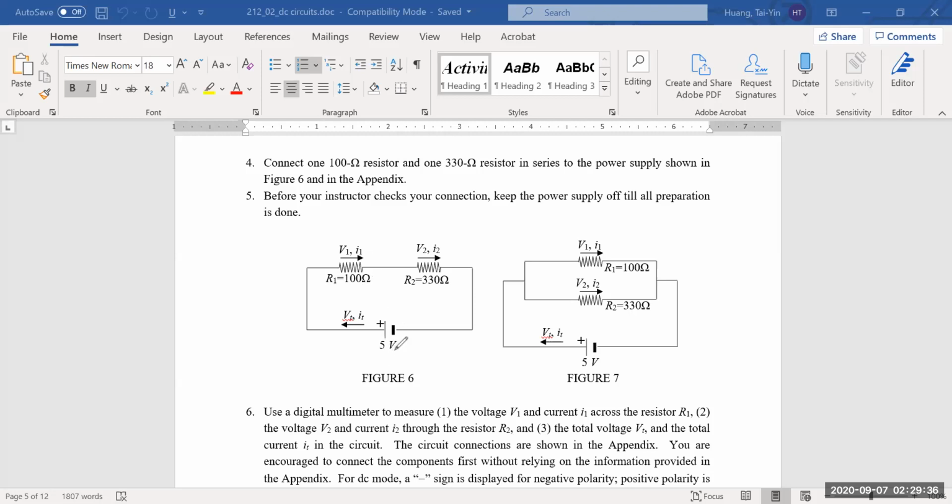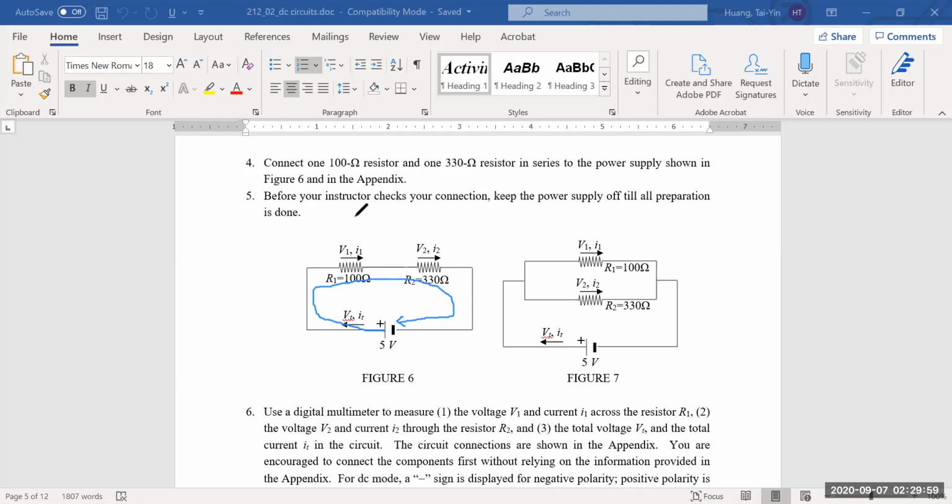Let's say we output a 5-volt voltage to the circuit with two resistors connected in series. The current comes out of the positive, completes the circuit, and then comes back. This is how the current, the electrons, move in the circuit.